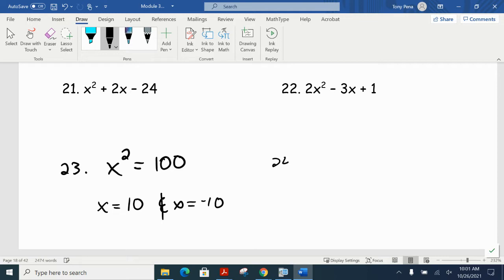All right, last one that I'm going to add, at least initially. Answer this one for me. If I give you x squared equals 64, tell me what that answer is.